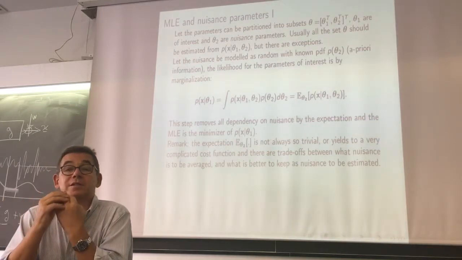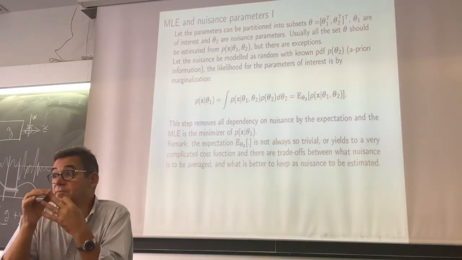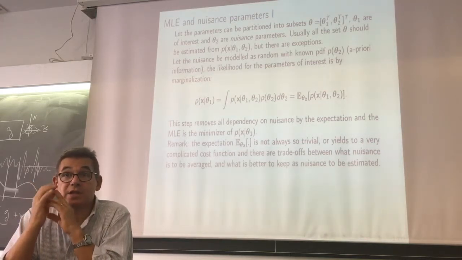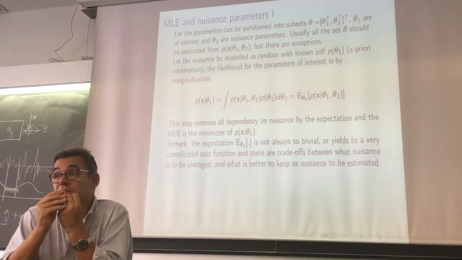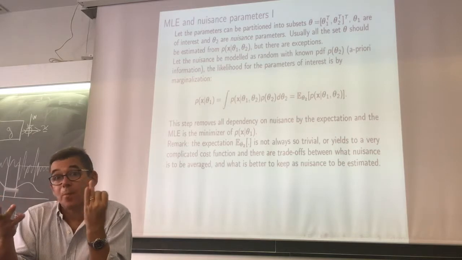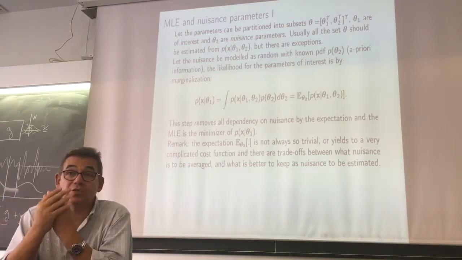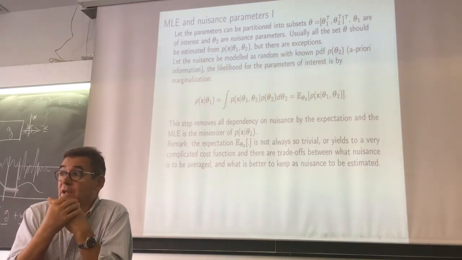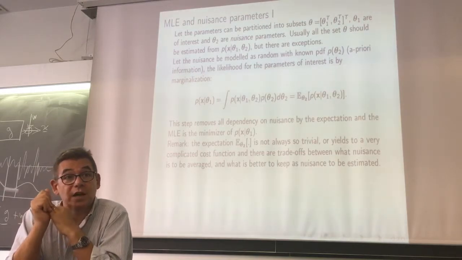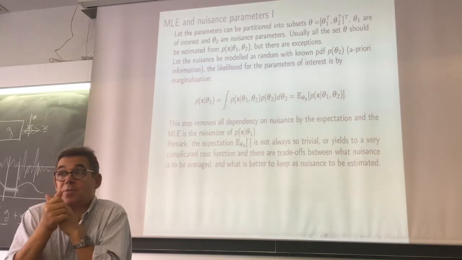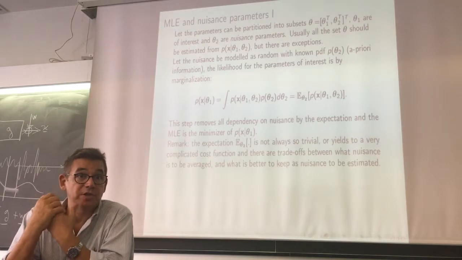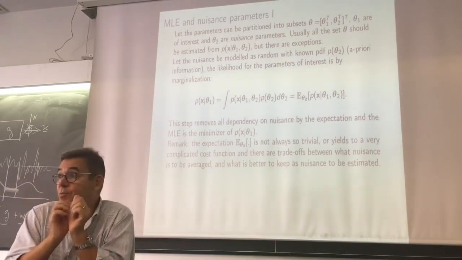So my interest is only frequency, and what about amplitude and phase? If the interest is frequency, I need to, in some way, estimate amplitude and phase. Amplitude and phase are part of the model, but they're not of interest for me because my goal is to get the frequency. So amplitude and phase are called the nuisance parameters because they are parameters that represent the model, but are not parameters of interest for my application.